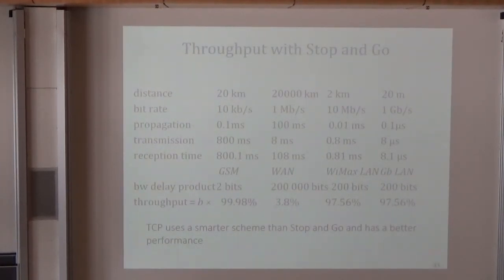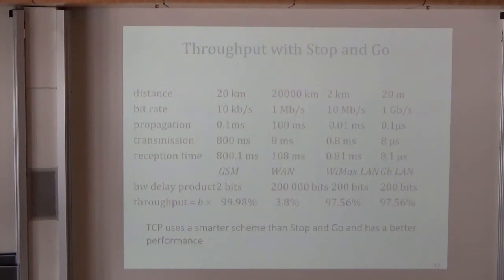The efficiency is the throughput divided by the bit rate. In the first case, where I had a very short propagation time compared to the transmission time, both are bad, but the transmission time is dominant.